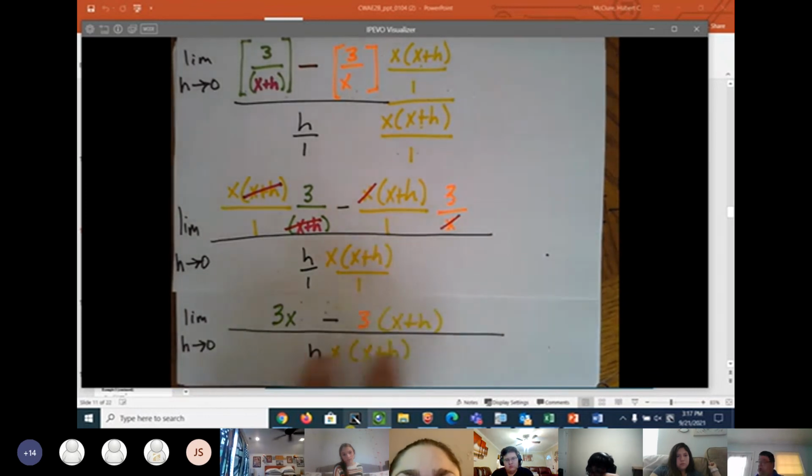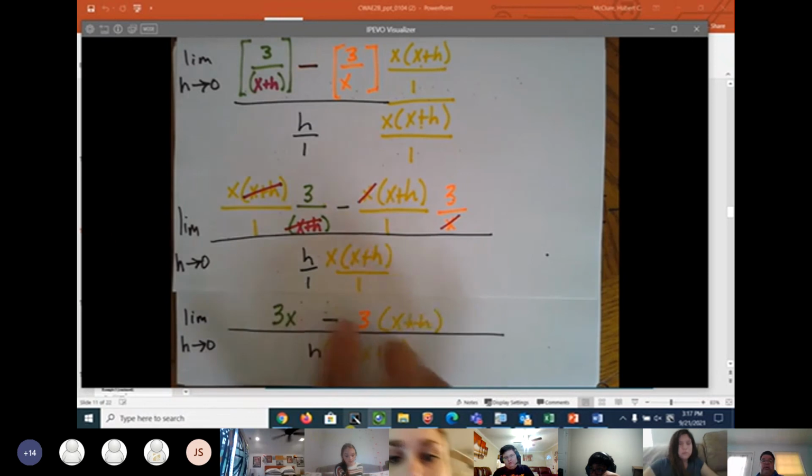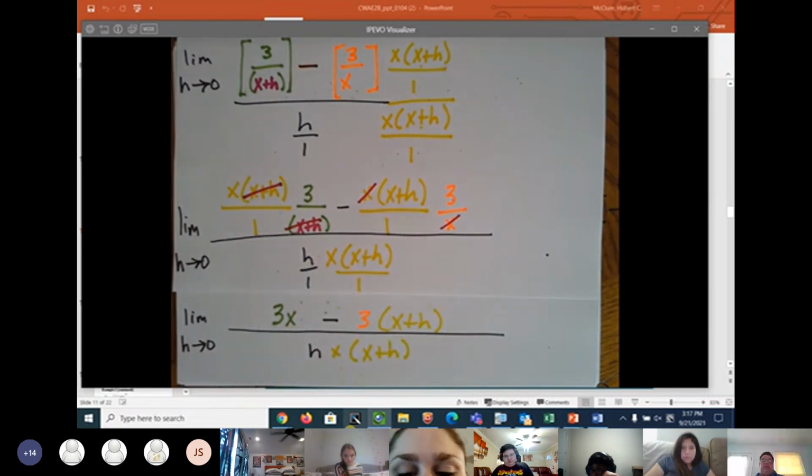I want y'all to work with this right here and see if you can simplify anything. Go ahead and work with that, see if you can simplify it.